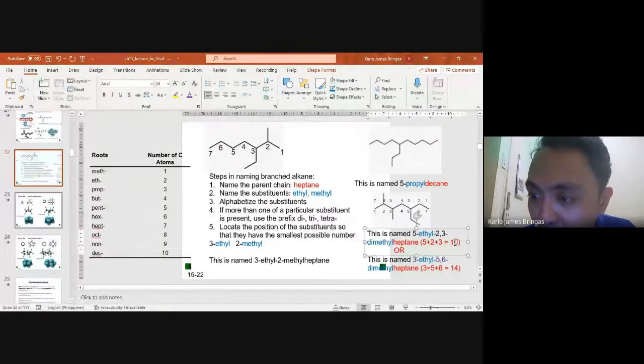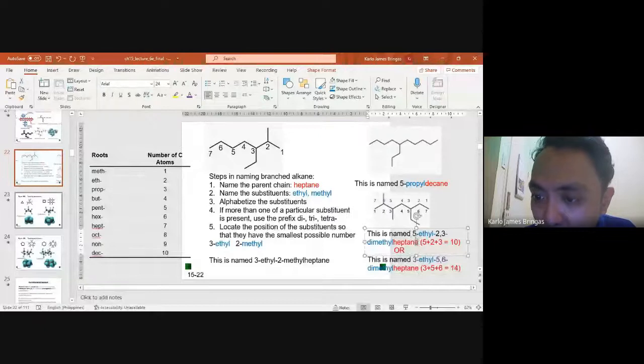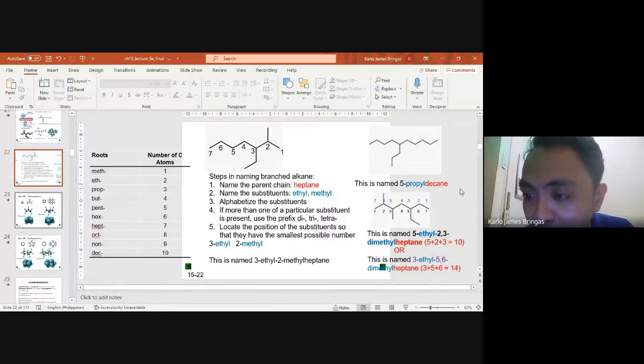So since this one, ang total ng numbers is 10, compared to this one, which is 14, so this is the correct name. So it should be named 5-ethyl 2,3-dimethyl heptane.